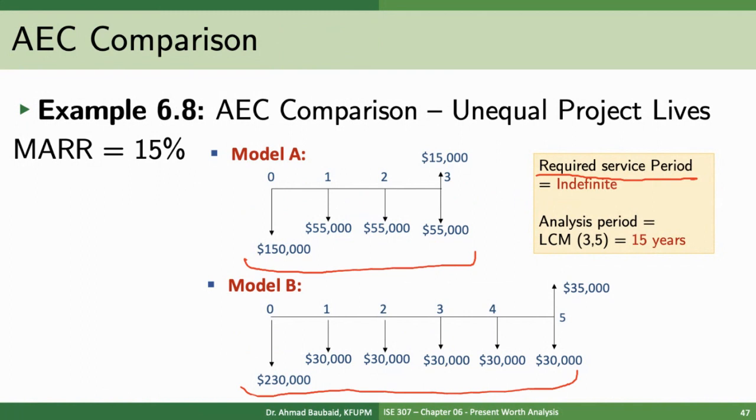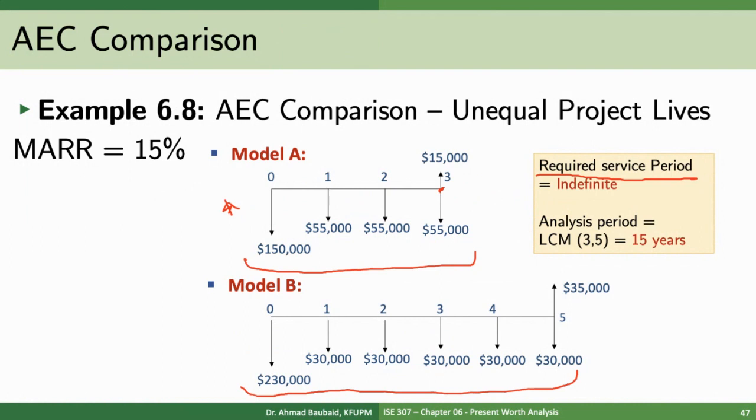It's very long, right? So I'm going to keep replacing, basically, and the question should specify this. It should tell you that you're able to replace this model with the same model at the end of its life, at this time point here, with the same exact costs and benefits.